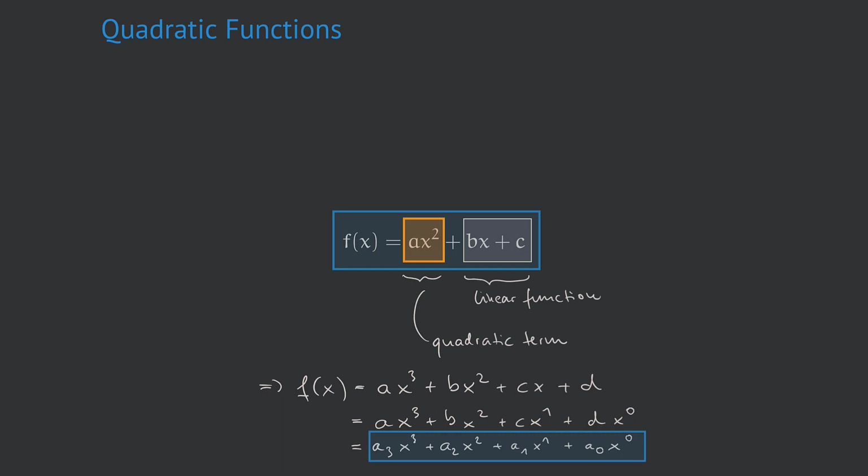Don't stop at 3. Stop only at, say, n, a typical general natural number. So let's do that. Let's instead write an times x to the power of n plus a n minus 1 times x to the power of n minus 1. And then we have understood the principle. We go one lower each time.